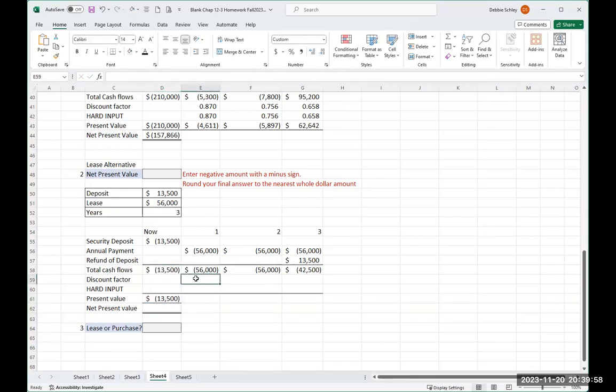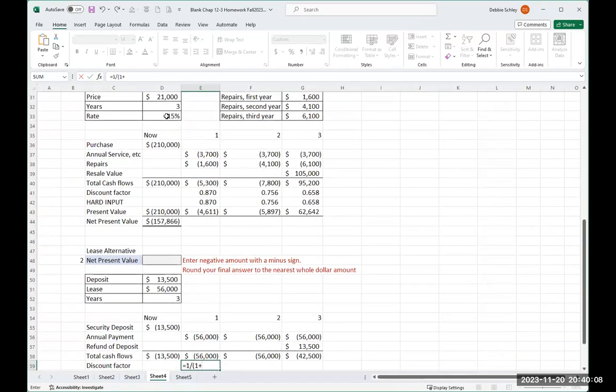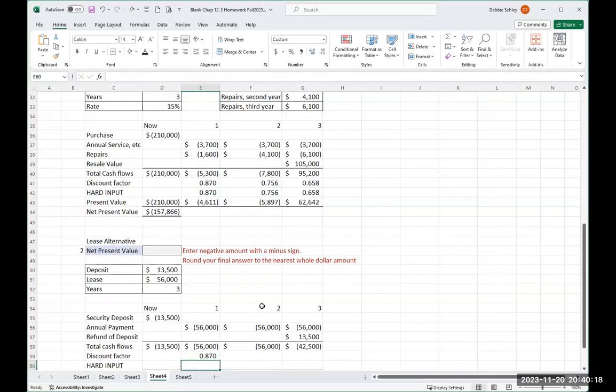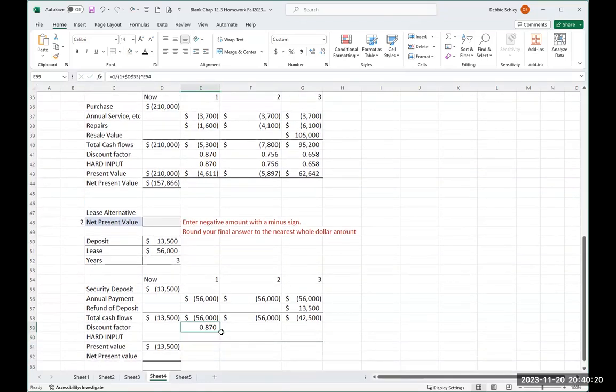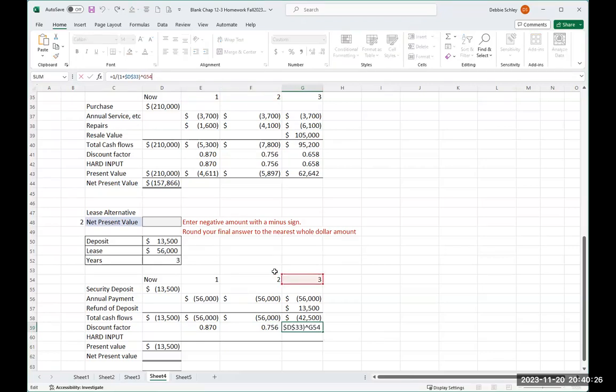Discount factor for this one is going to be equals 1 divided by parentheses 1 plus the rate, anchor that cell, raised to the value of the year. And because I anchored the cell, I can drag that across so that each one references the year.